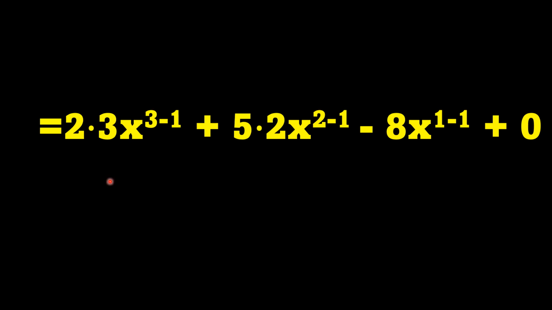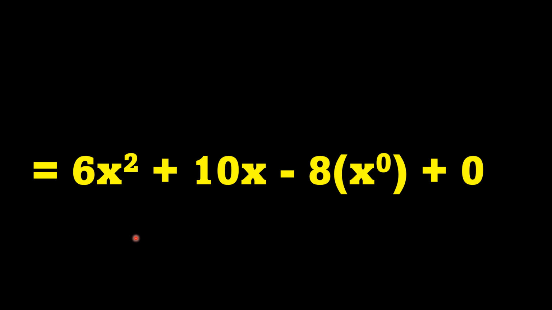And then, here it is. 2 times 3x squared, right? 3 minus 1. 5 times 2 is 10x. 2 minus 1, so 10x minus 8. Here, x raised to the 0 power is already equal to 1, so 8 times 1 is 8. Because that is x raised to 0, right? Plus 0.